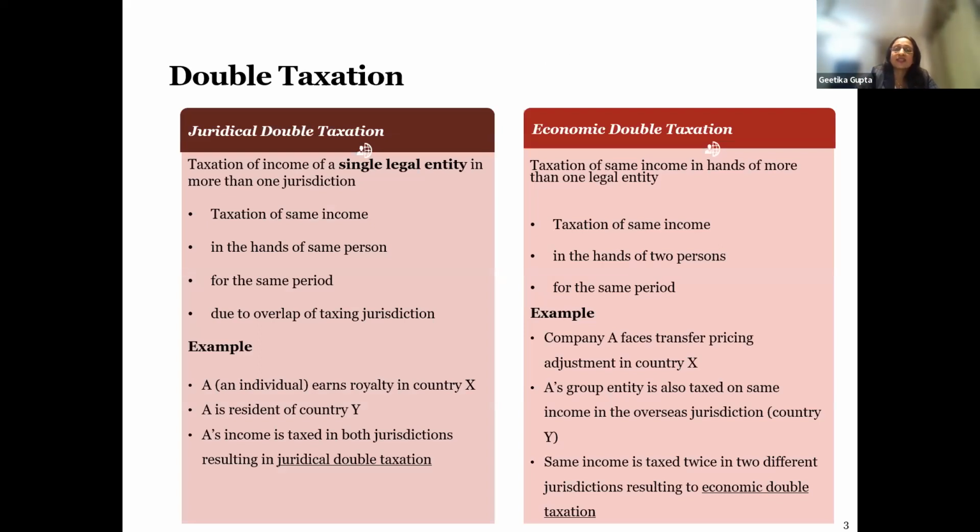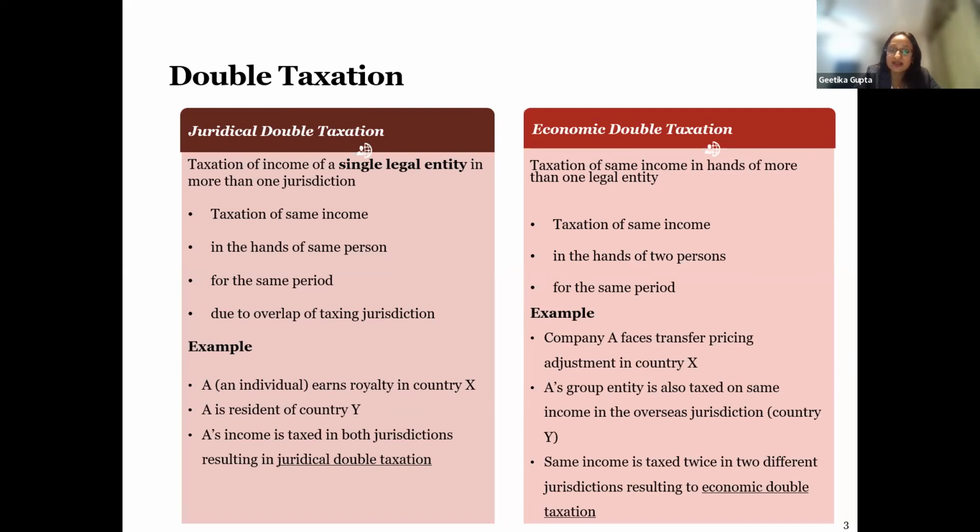Yeah. So as we talked about double taxation, it is important to understand what is the meaning of double taxation and what are the types of double taxation. Double taxation normally refers to when the same income is getting taxed twice. There are two types of double taxation, first being juridical double taxation and the second being economic double taxation.